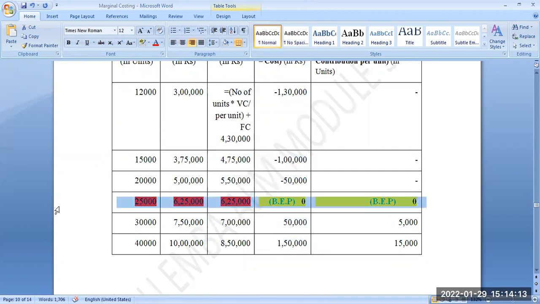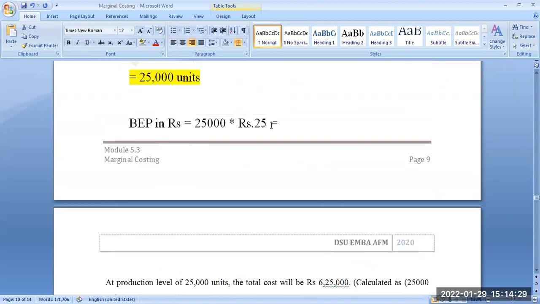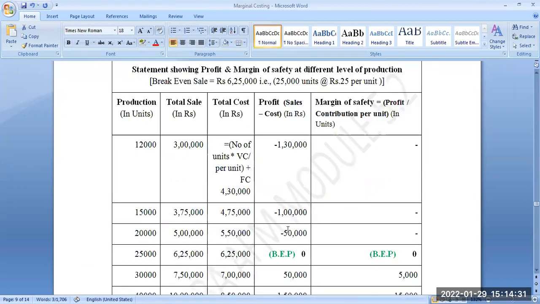But in only one case there is no profit, no loss. The profit is equal to 0. At what stage? That stage is 25,000 units of production. So that is called the break-even point. We already found that out.